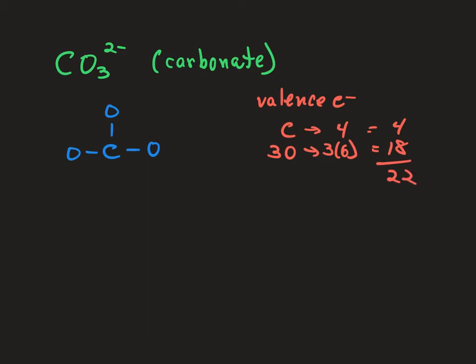But we have the negative charge, so we have to add 2 more electrons for the 2 negative charges, meaning we're talking about distributing 24 valence electrons.